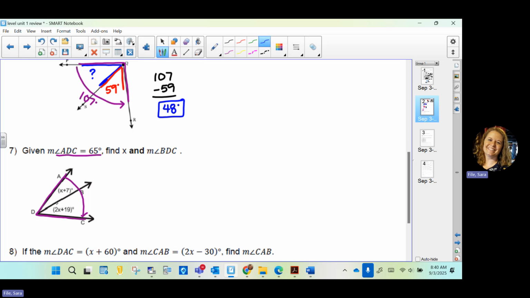Well, B to D to C, that's this one here. So they want us to find that little blue one down here. Well, I know that those two angles together should add to the whole big angle, shouldn't they? So the red angle plus the blue angle should equal the purple angle. Y'all remember doing this in our notes?